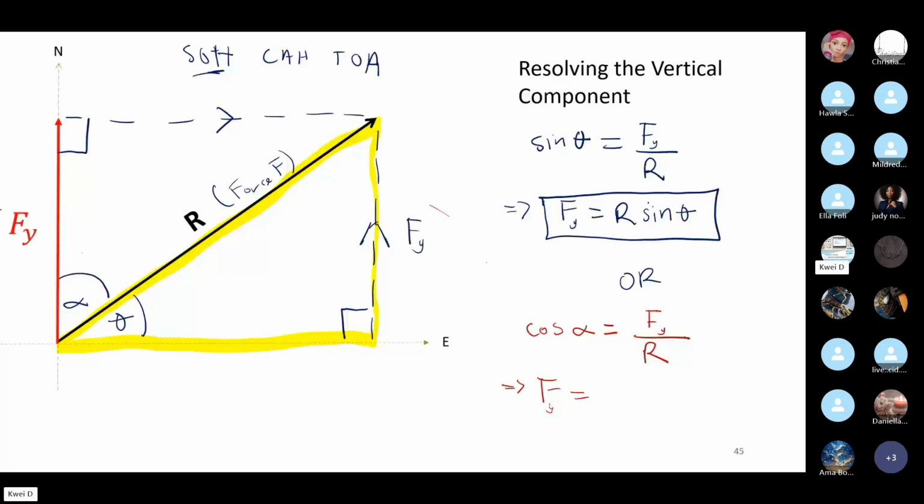So that means that Fy is equal to R cos alpha. Okay, so that's the alternative we can use to determine the value of Fy. Either we use R sine theta or we use R cos alpha.